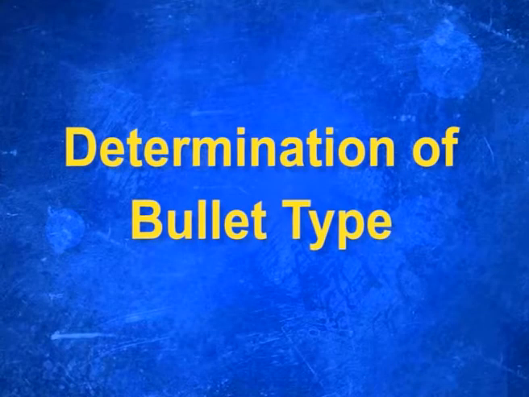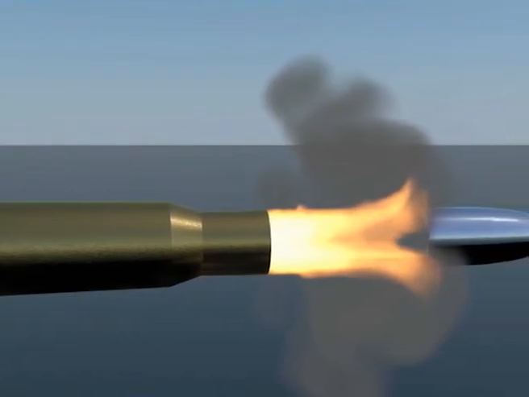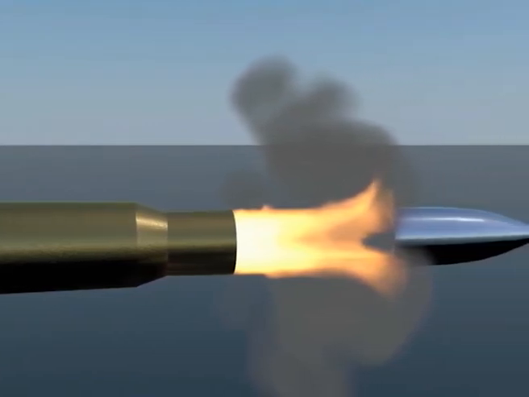Determination of bullet type. As the bullet passes down the barrel, the rifling will tear off small fragments of the bullet. Some of these fragments will remain in the bore and others will be blown out of the bore by the gases following the bullet.